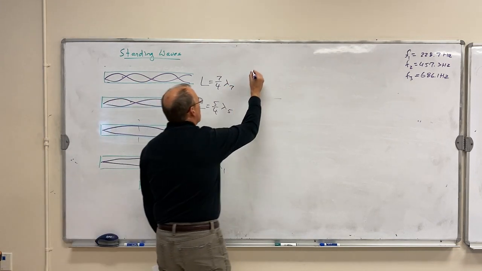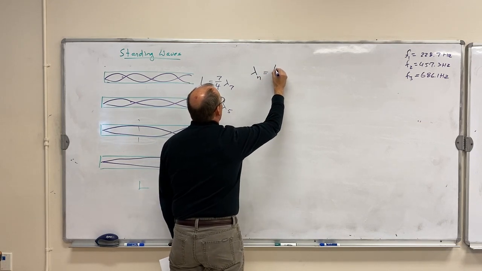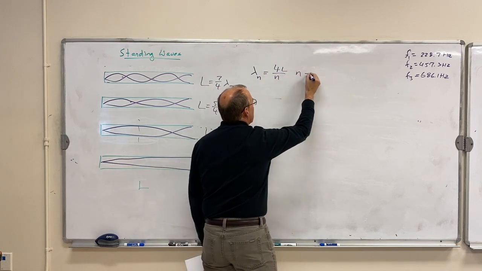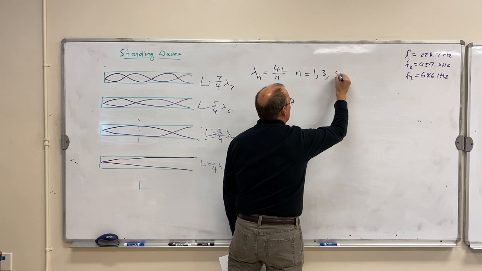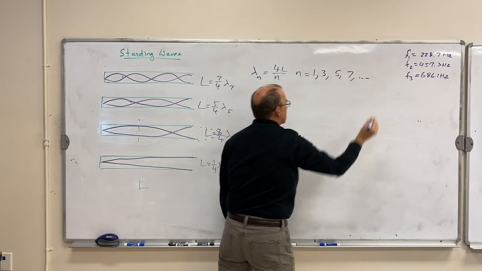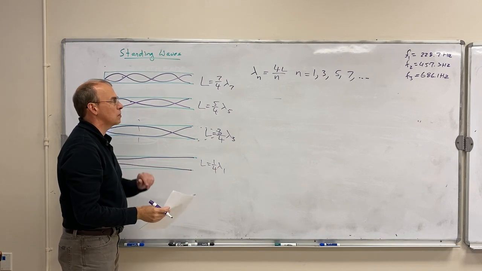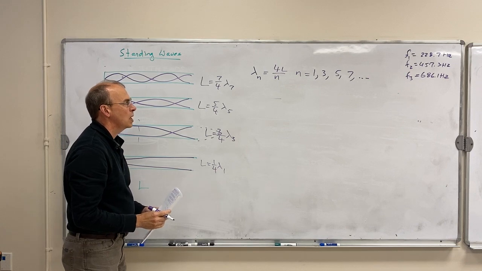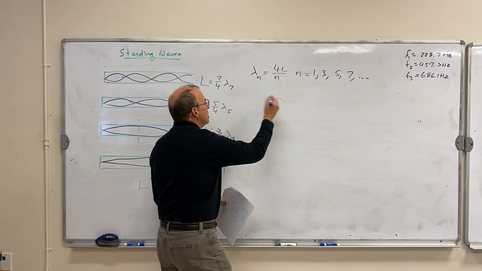Or in general, the nth lambda is 4L over n, where n is not all the integers. It's just the odd ones, 1, 3, 5, 7, etc. The even integers are missing when you close one end. Now our other logic works about the same.